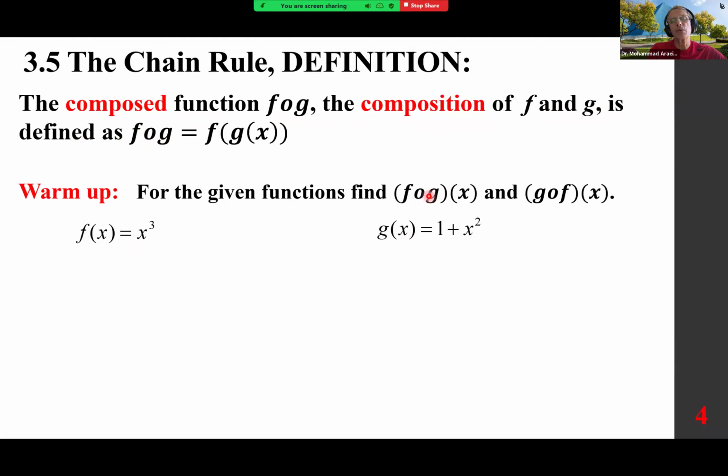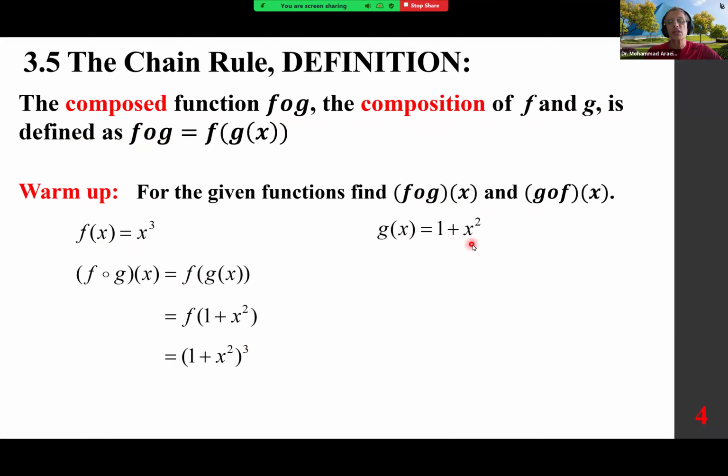as a warm-up example, we want to look at f of g and g of f, reminding you of what we learned in algebra. So f of g of x by definition is f of g of x, which means f of 1 plus x squared. And if you plug it in here, we get 1 plus x squared to the third power. There is no need to raise this to the third power.